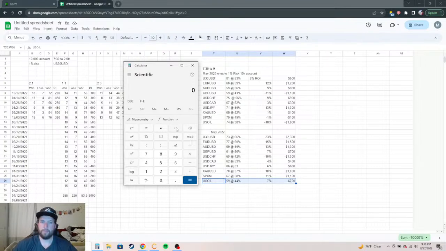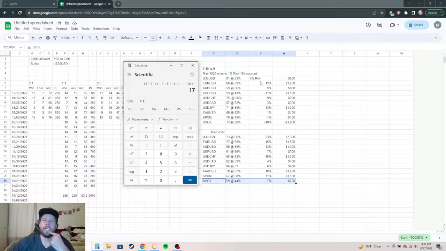I'll do it by return percentage. Minus 11 plus 9 plus 3 plus 13 plus 1 minus 1 minus 18. So assuming that we were able to take all of these trades in May of 2023, we would have had a 17% return on investment, which is still really good in 1 month.